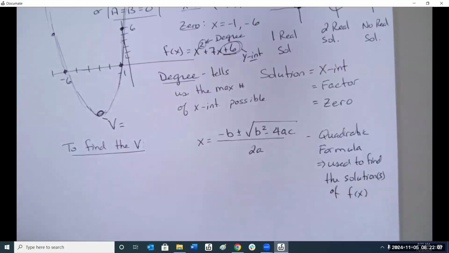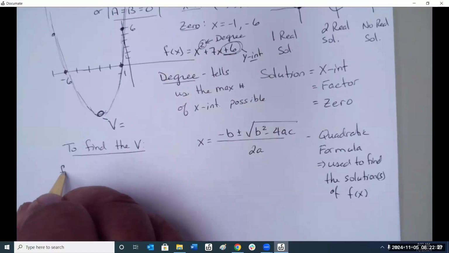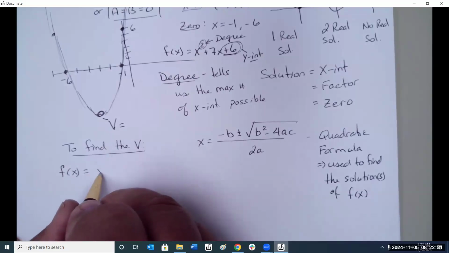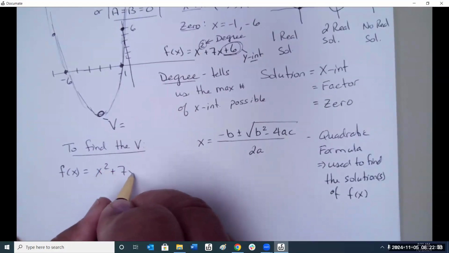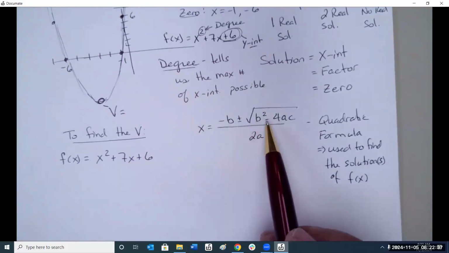It's used to find the solutions, or the solution, depending on how many solutions you have, of the quadratic function. It only works for quadratics. Notice there are only a, b, and c.